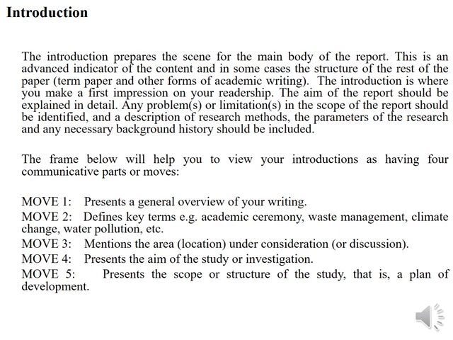Number 3, mention the area, the location under consideration or discussion. Number 4, present the aim of the study or investigation. And number 5, present the scope or structure of the study, that is a plan of development.